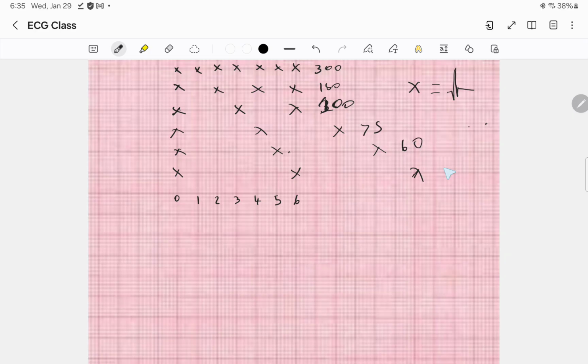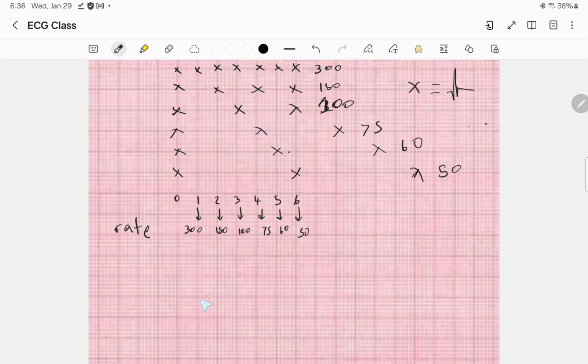And 300 divided by 6 would be a rate of 50. So we can put it down here that this is what they correspond to: 300, 150, 100, 75, 60, 50. So these are 6 values that you can commit to memory that will allow you to rapidly interpret an ECG.